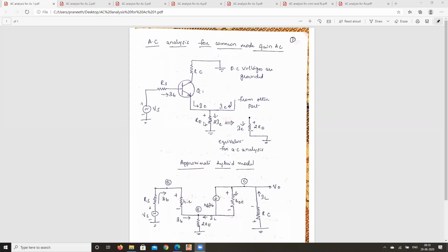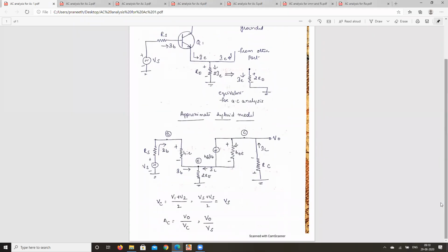For simplification, instead of RE carrying the current 2IE, we take the equivalent circuit as IE through 2RE. So far this is the description of the circuit using the transistor, and this is the hybrid model of the circuit.